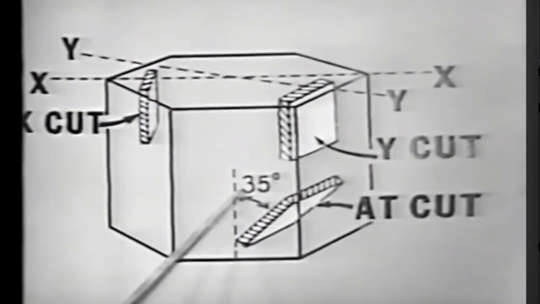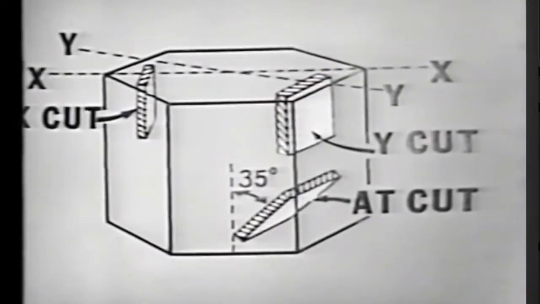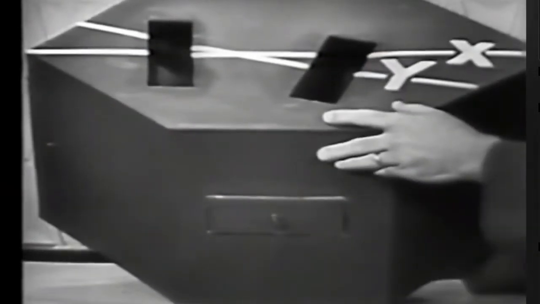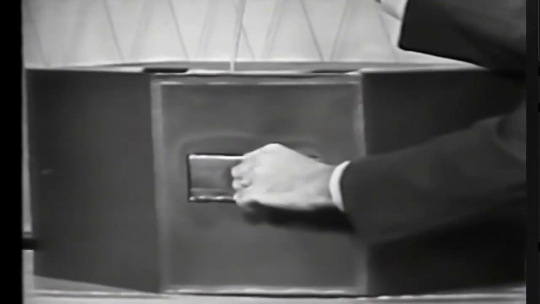Remember, 35 degrees from this z-axis. Okay, back to the mock-up once more. Now, in this case, the crystal cut is taken right in, or made right into the face of the crystal. Remember, the z-axis is running down through the crystal in this manner. And we'll cut at a 35-degree angle from this z-axis.